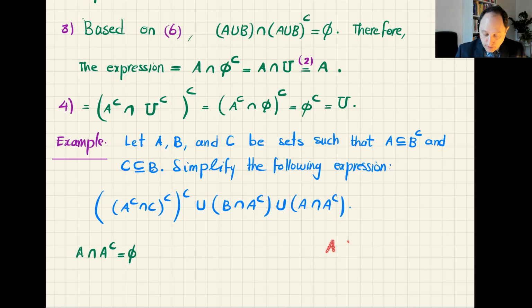I told you that if a set A is a subset of B, you cannot simply take complement from both sides. I can, if I want to, take complement from both sides of this relation, provided that I interchange the places of B and A. So I would write B complement is a subset of A complement.